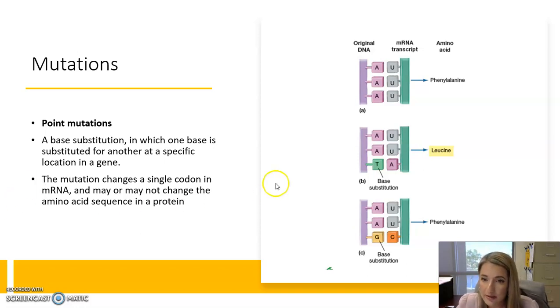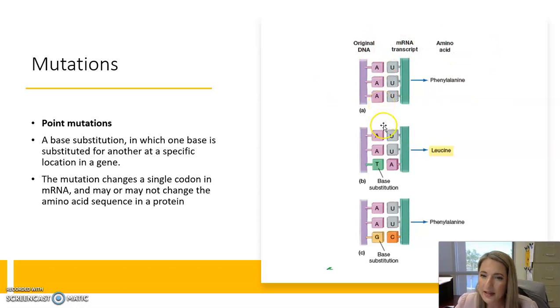To look at this, the original DNA code was supposed to read AAA. When this DNA was put through transcription, the messenger RNA would have read UUU, which is a codon sequence for phenylalanine during translation. So this is if there were no mutations and everything occurred the way it was supposed to.